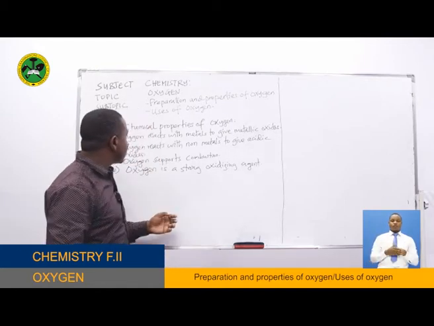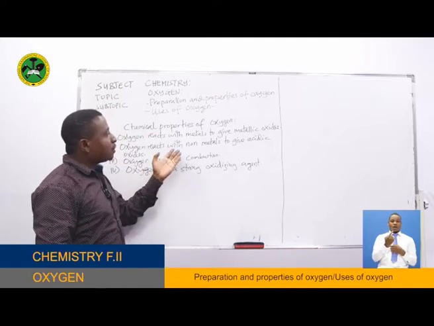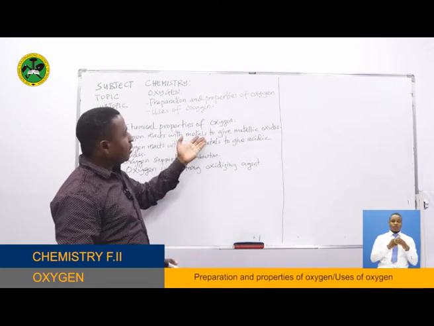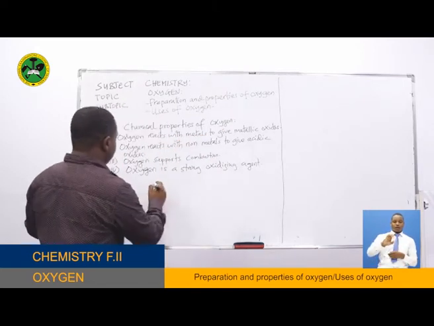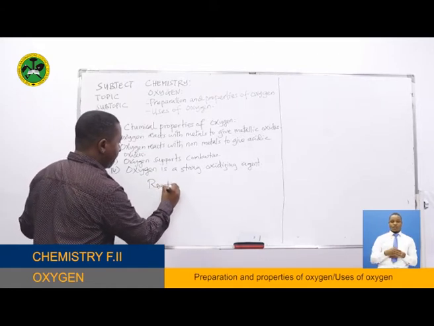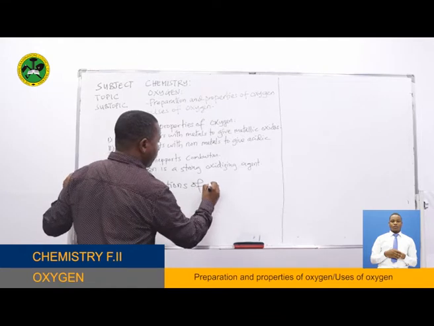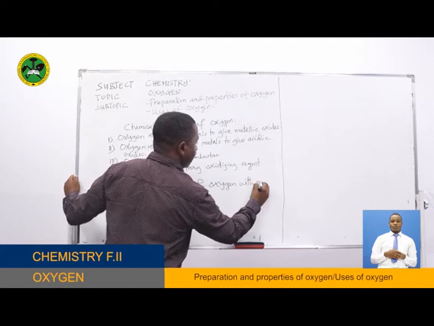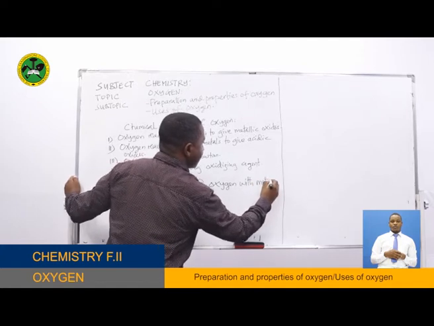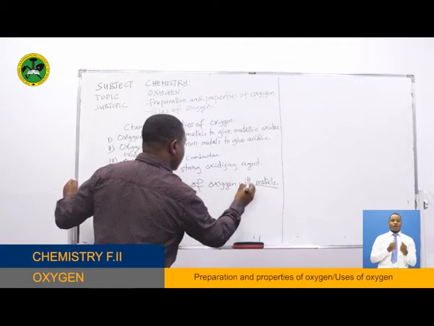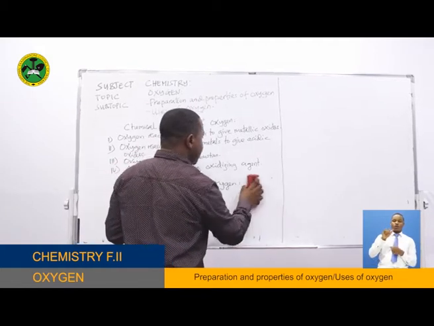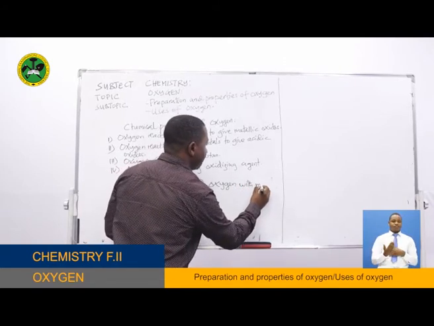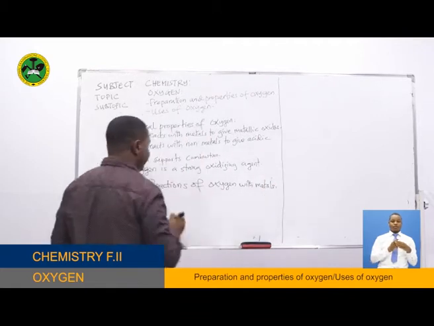Now we are going to discuss the first two. Oxygen reacts with the metals to give metallic oxides. I will start by discussing this one. Reactions of oxygen with metals.